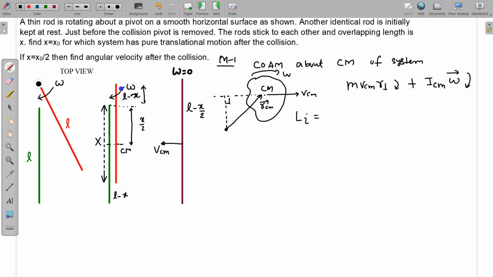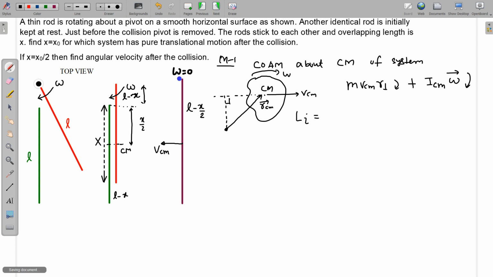In writing L initial, there is no angular momentum due to this green rod because it is at rest, and this red rod is moving, so angular momentum will be due to this rod only. Because this system is not behaving like a rigid body just before the collision, we have to write the angular momentum contributed by them separately.